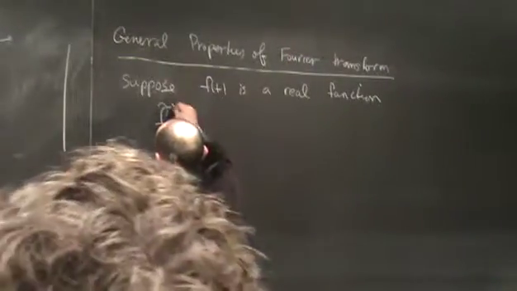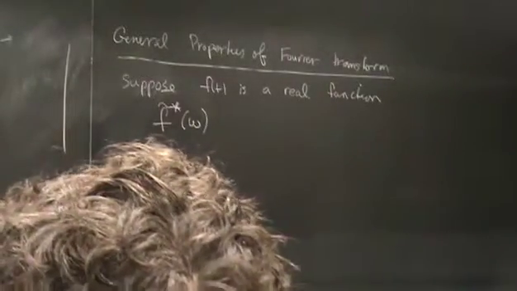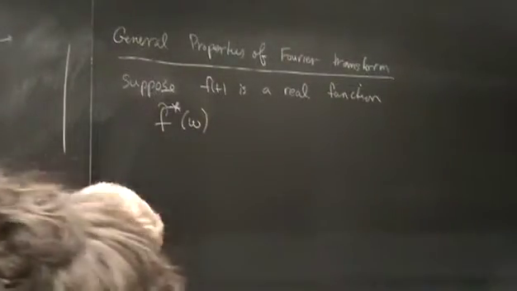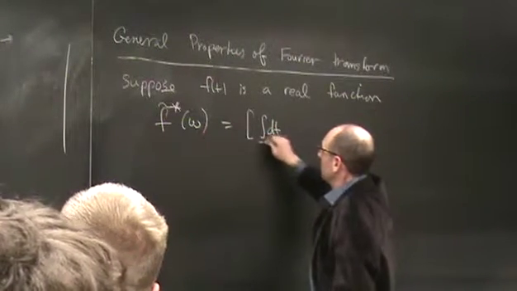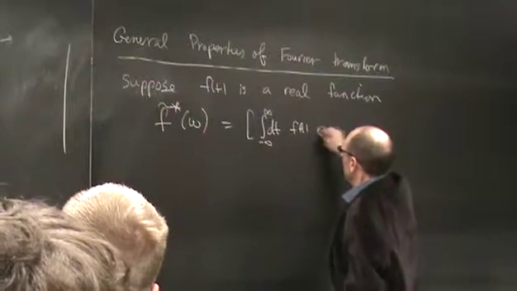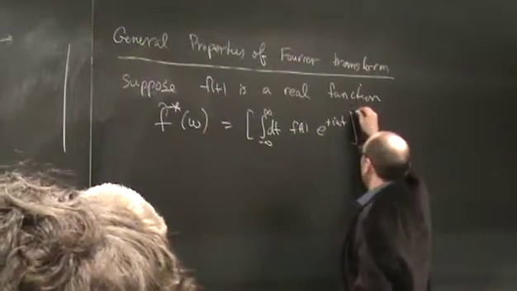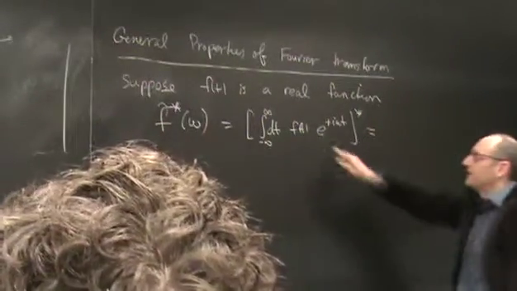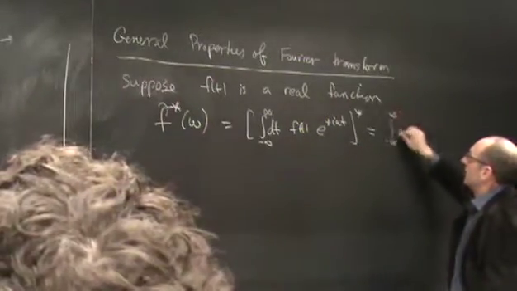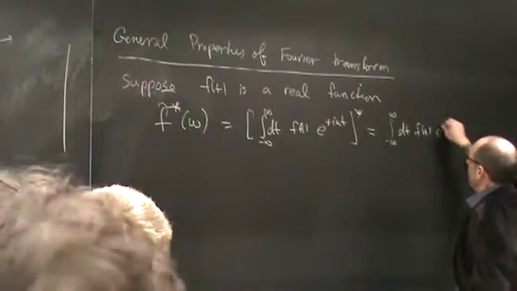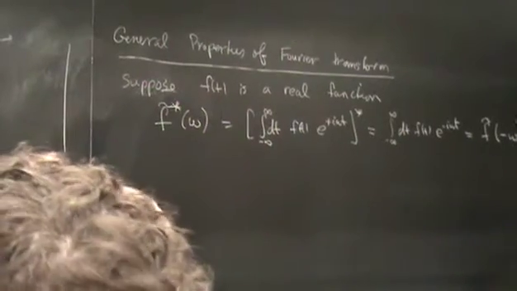Then what can we say about the complex conjugate of the Fourier transform? Well, that's the complex conjugate of that. And since this is real, that doesn't change f, it just stays as that, which is the Fourier transform of minus omega.